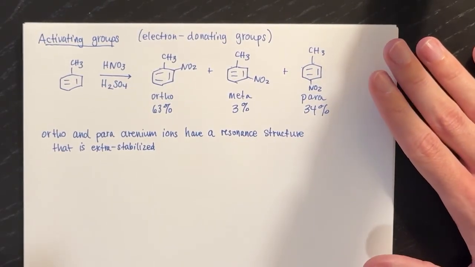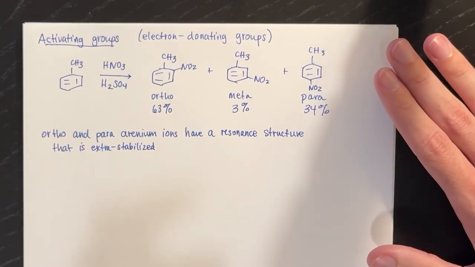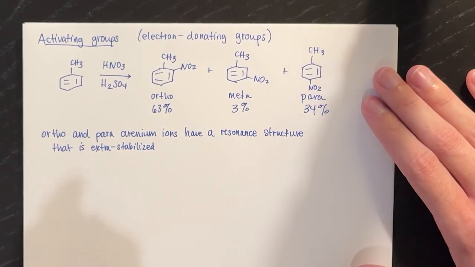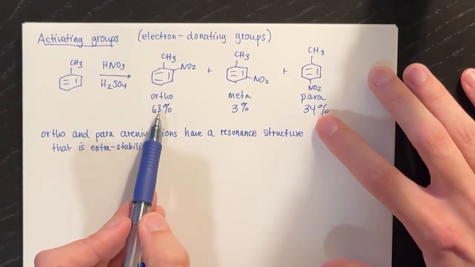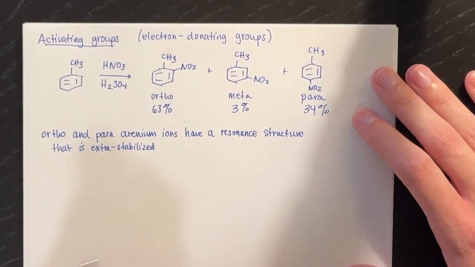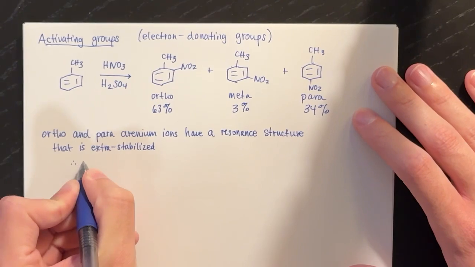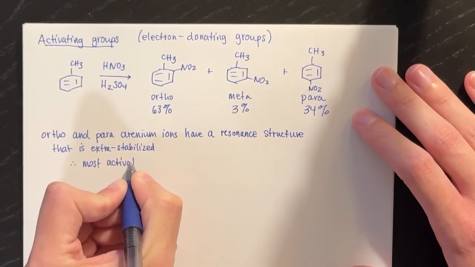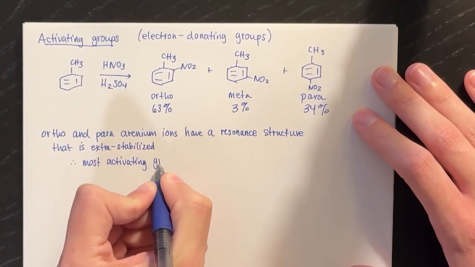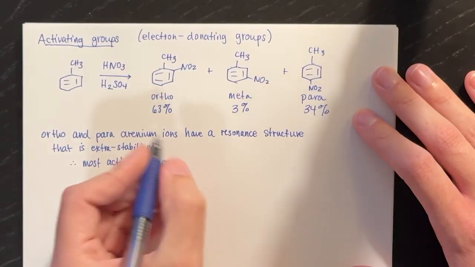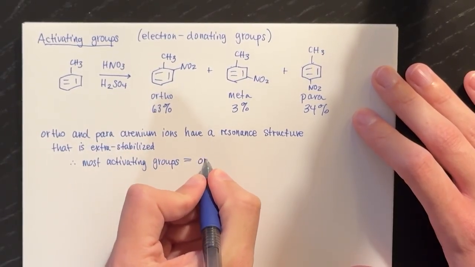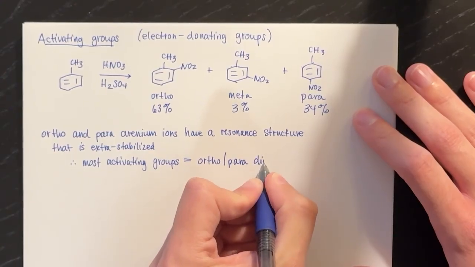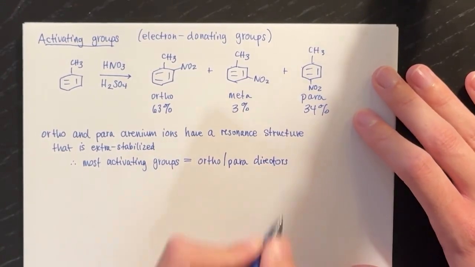And so that means that that really low energy resonance structure is a bigger contributor to the overall molecule's reactivity. And that means that the ortho and para products form in greater amounts. So most activating groups are ortho, para directors, is what we call them.